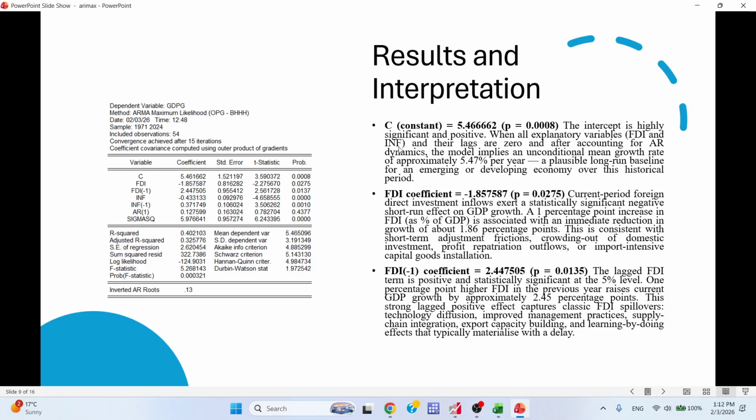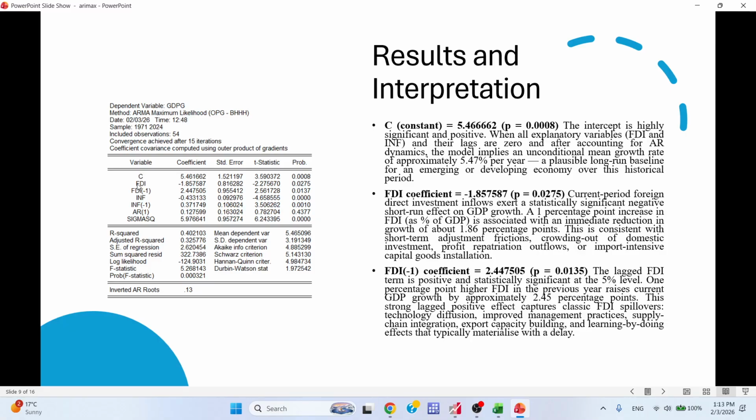So the intercept is highly significant and positive when all explanatory variables, FDI and inflation and the lags, are 0, and after accounting for AR dynamics, the model implies an unconditional mean growth rate of approximately 5.74 per year. Basically, the intercept shows the average value of the dependent variable when all other variables are 0.